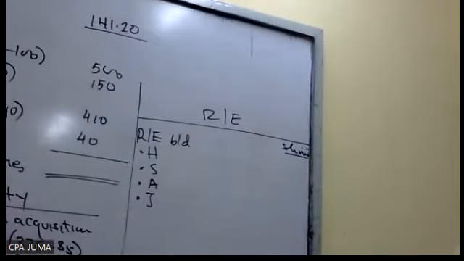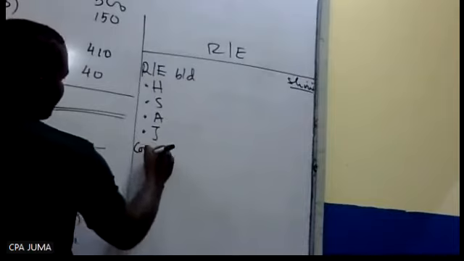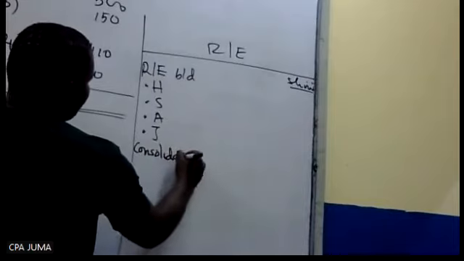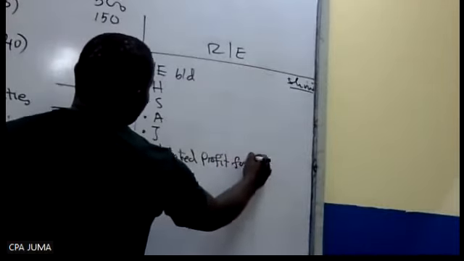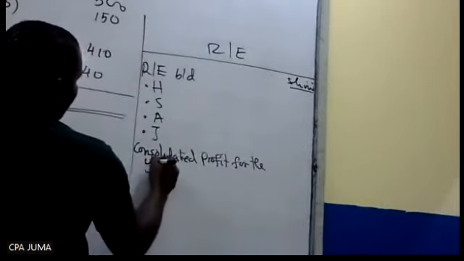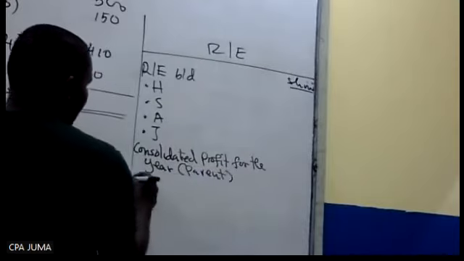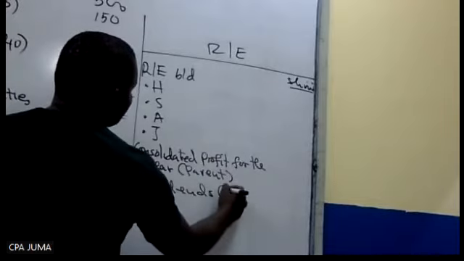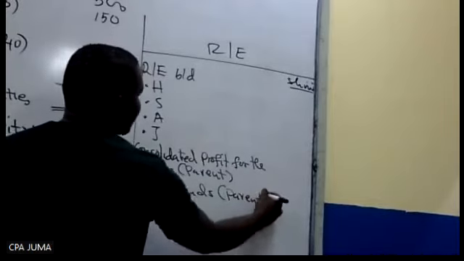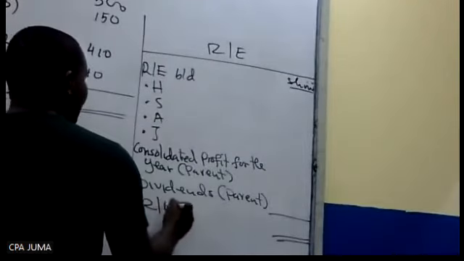Then you add consolidated profit for the year, that of the parent. Then you subtract dividends paid by parent. Now we get an investment income. Then you get retained earnings carried down. As simple as that.